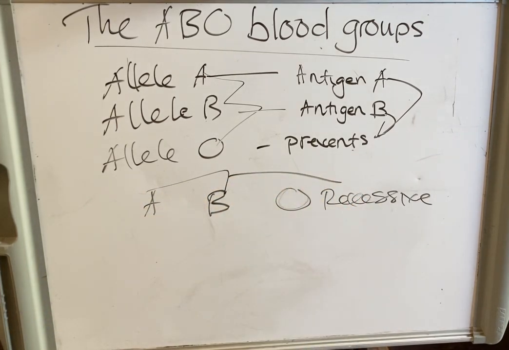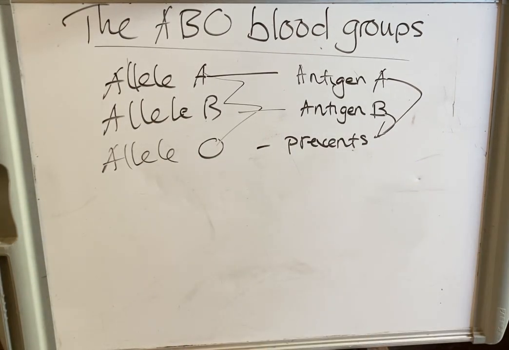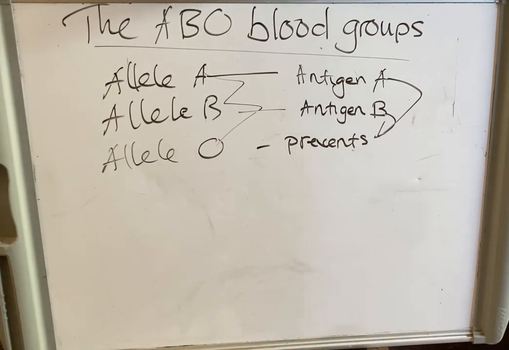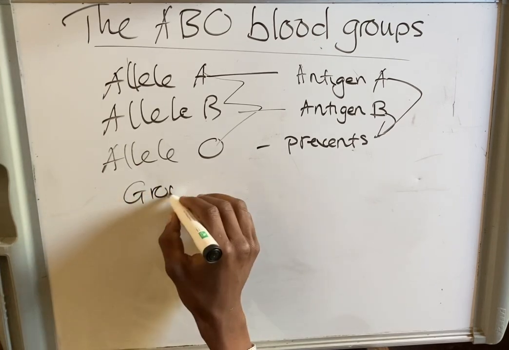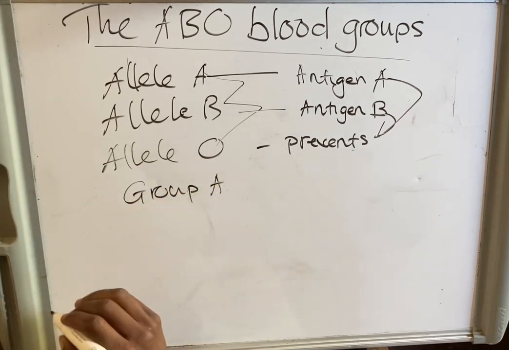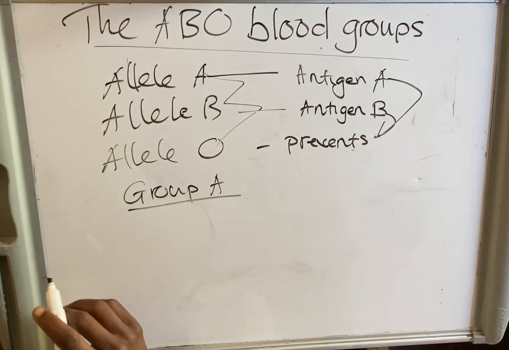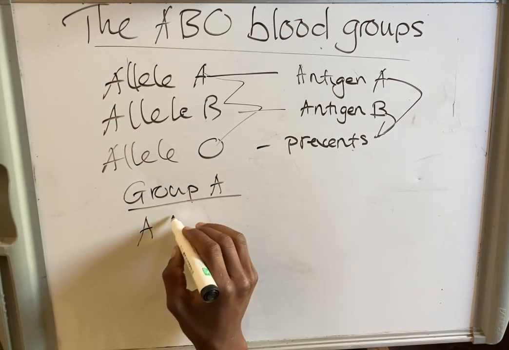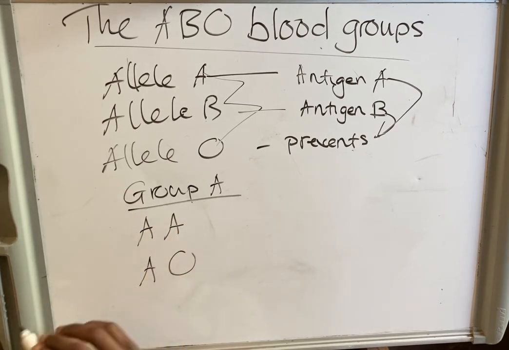Now let us learn the pairs in which these blood groups occur. We start with blood group A. The possible alleles or genes for blood group A: when an individual has blood group A, this person has either AA, or blood group A can also occur in the form of AO.